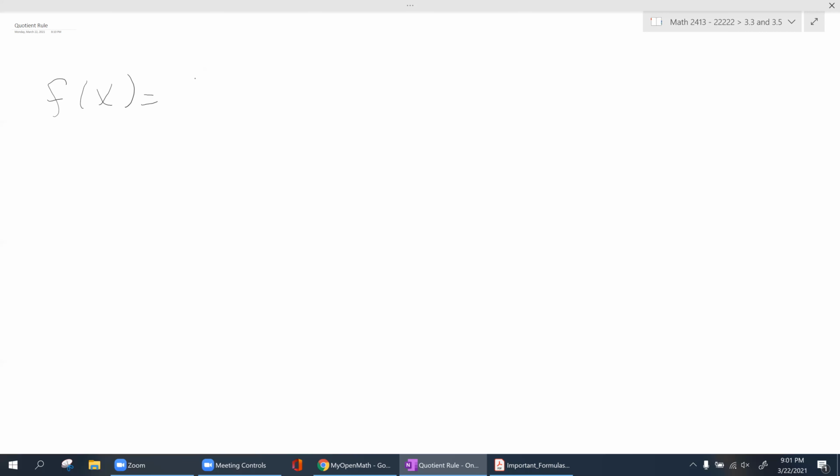To take the derivative of sine, it's going to be cosine, and it's going to be the same sign, positive.